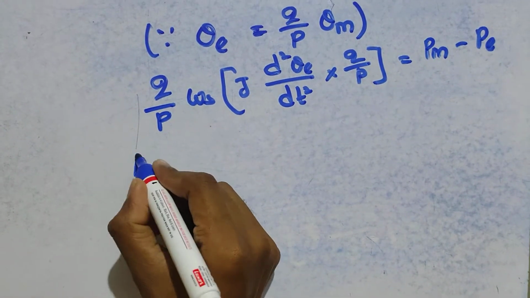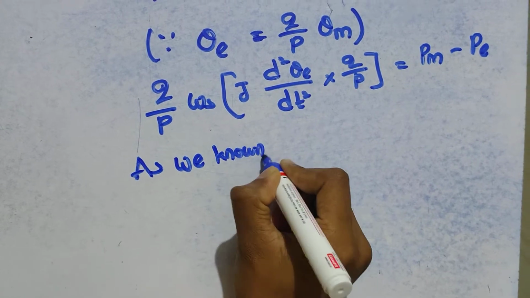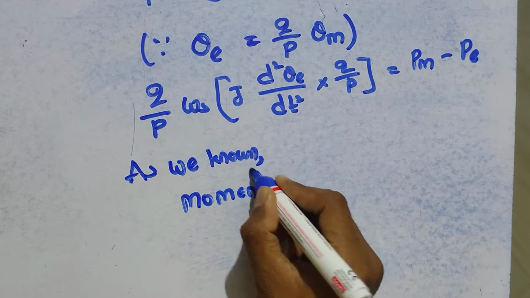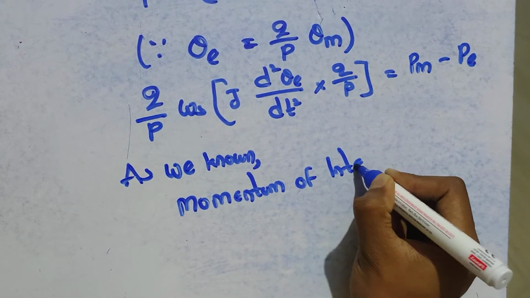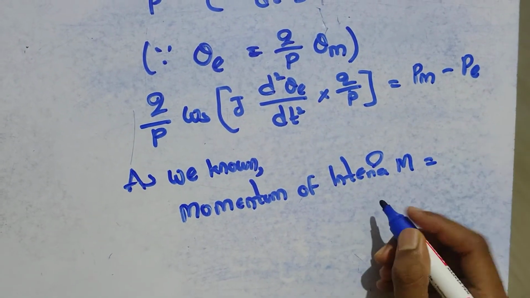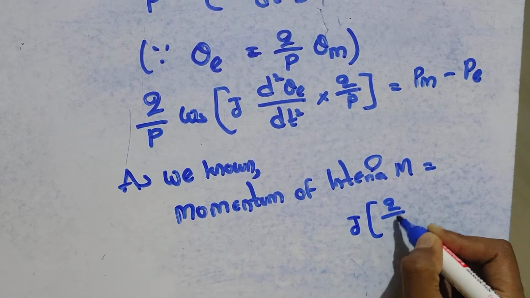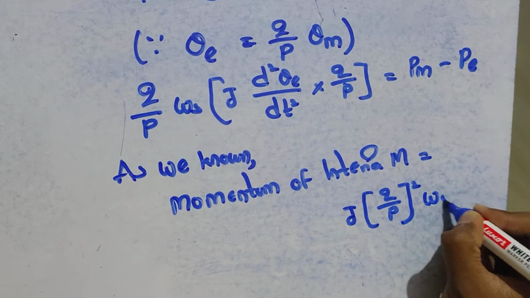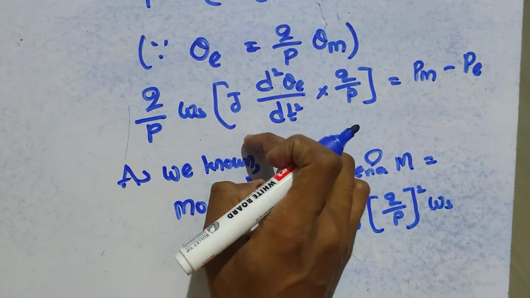As we know, the moment of inertia capital M is equal to J (2 by P) whole square omega S. So we have to substitute this equation in this place.